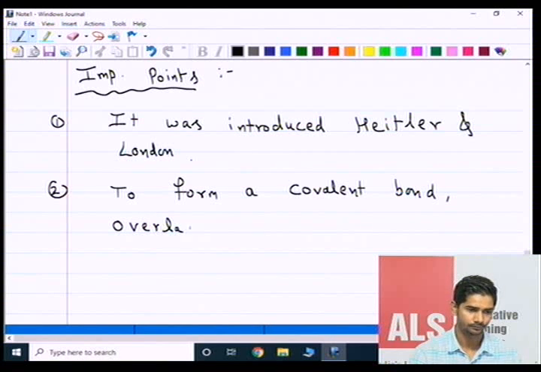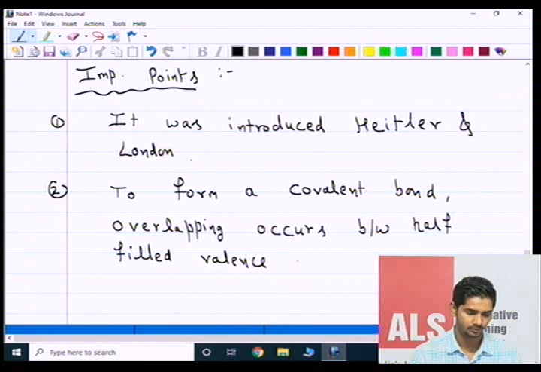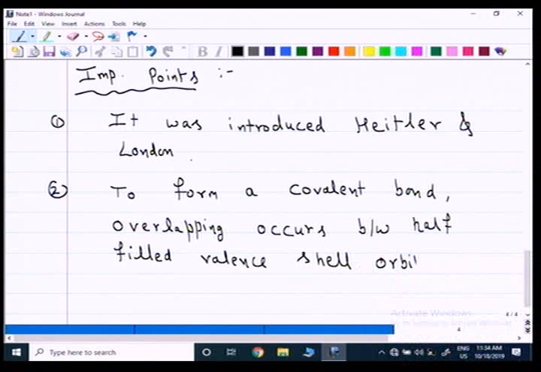overlapping occurs between half-filled valence shell orbitals of two atoms.